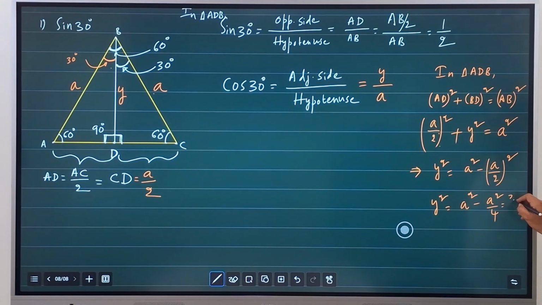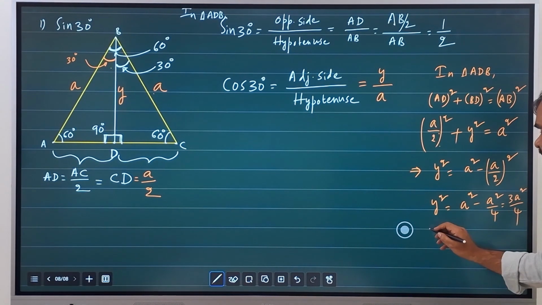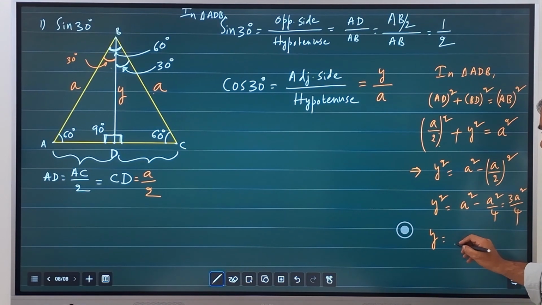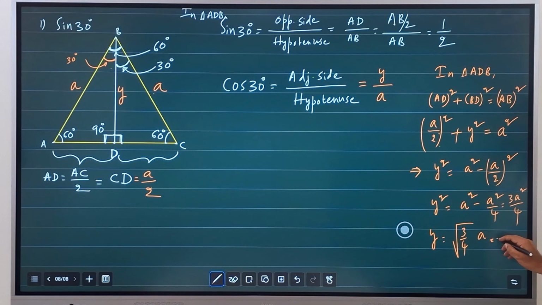Taking LCM, you will get 3A square by 4. So Y is equal to root 3 by 2 into A.